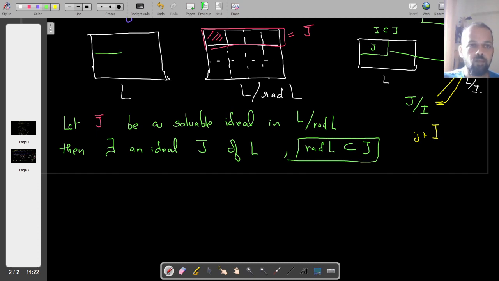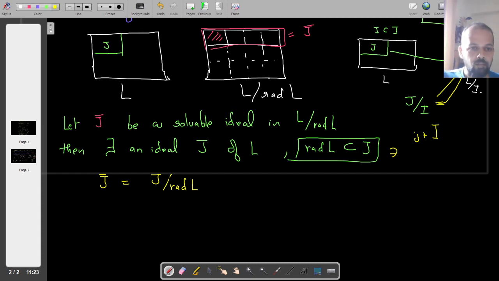So we know we'll have a J here, and that J will contain radical L, such that J bar is equal to J by radical L. That's how we get it. We get this J, and then when you take J by I, you actually get this particular ideal. So J bar is J by radical L.